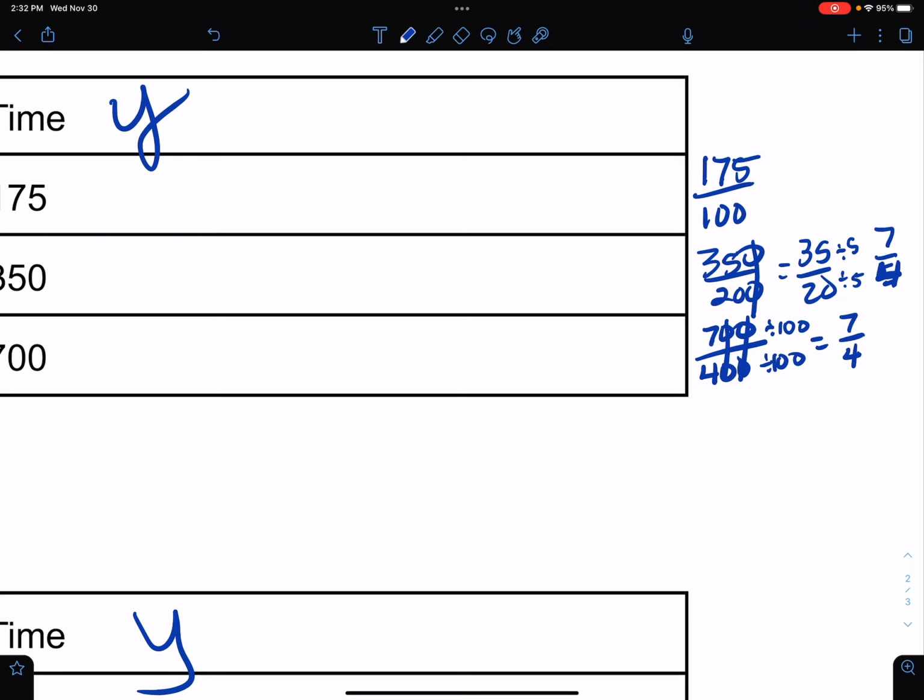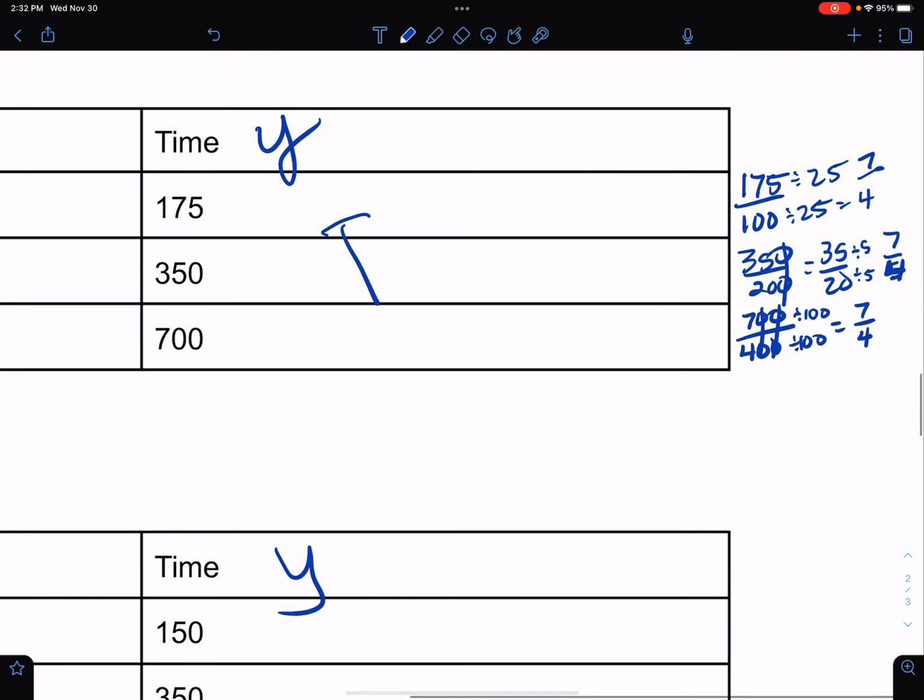So now I just need to test this one. What is 100 divided by 4? That's 25. So that would be 4. 175 divided by 25. I'm going to count my quarters. 25, 50, 75, 100, 125, 150, 175. So yes, this one is proportional.